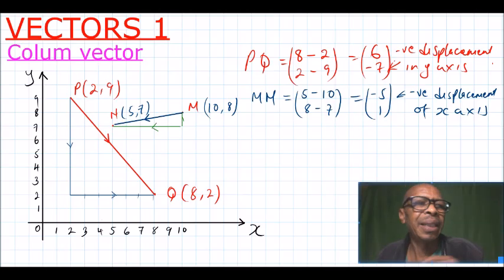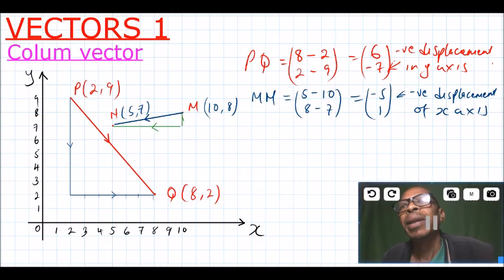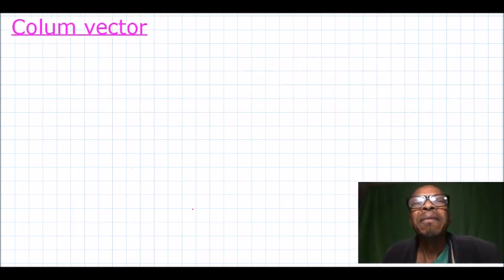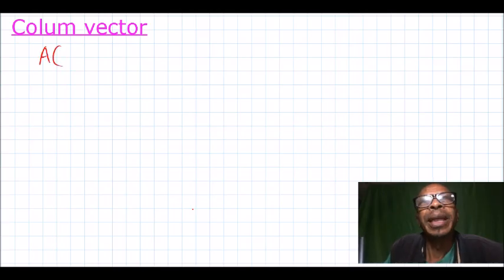Having learned that, it is not a must that when you are expressing the column vector, you always draw the Cartesian plane. If you are given 2 points, for example, you are told AB, the coordinates of A are 3, 5, and the coordinates of B are 6, 7.